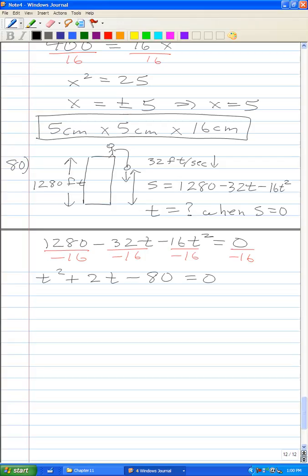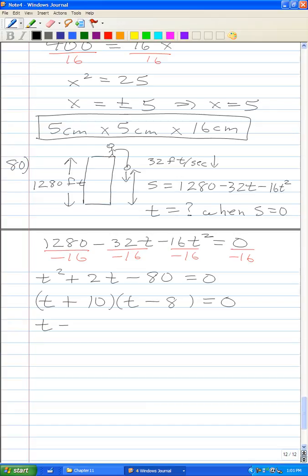And so let me factor this monic polynomial, this monic quadratic. Bring down the plus times minus is minus. I want to find two whole numbers whose product is 80 and whose difference is 2: 10 and 8. 10 times 8 is 80. 10 minus 8 is 2.